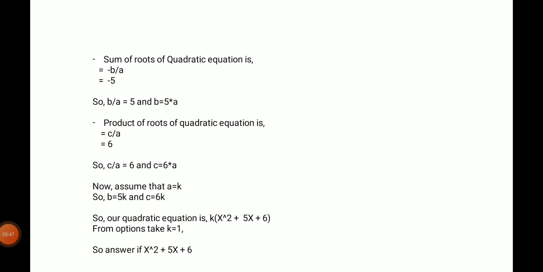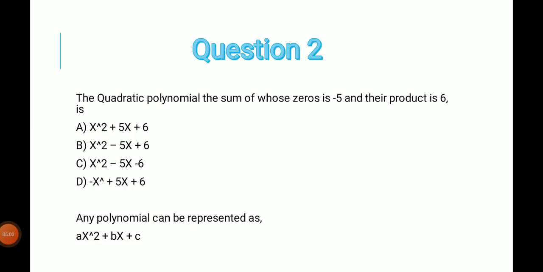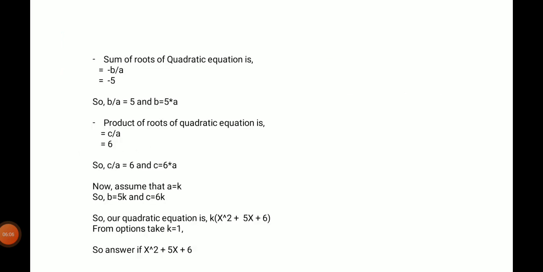By the above two equations, b will be 5k and c will be 6k. So our quadratic equation will be k(x² + 5x + 6). Looking at the options, we can assume k = 1, so our final equation will be x² + 5x + 6.